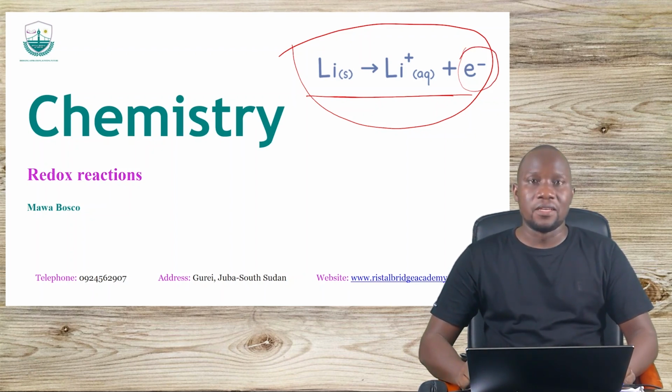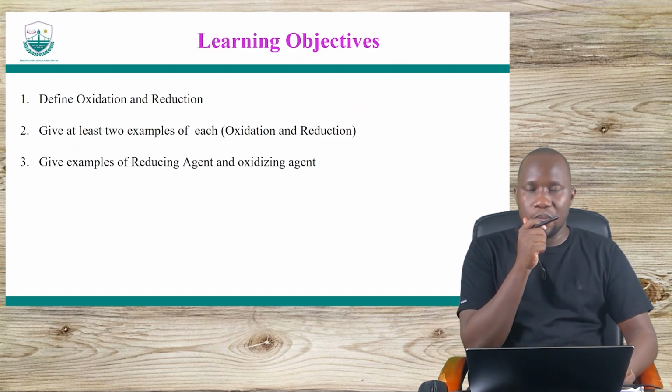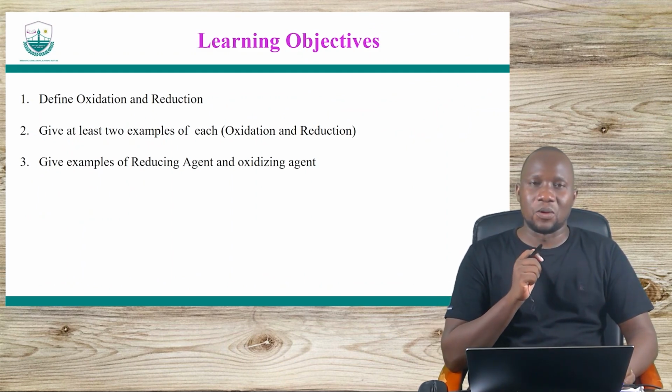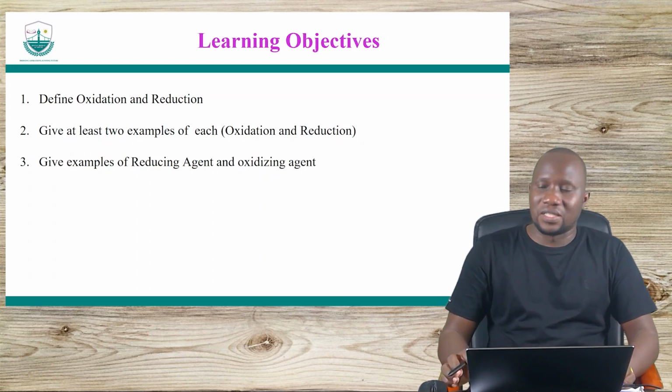What does that mean? So I hope you can pay attention and see where I'll be taking you. So we want to know what oxidation and reduction is, and therefore we need to know what oxidation reduction reactions are, the ones we actually call redox reactions, and then the examples of reducing and oxidizing agents.